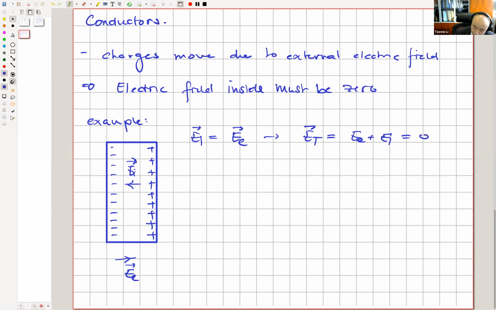Okay, and so of course we then know that if I take the divergence equals rho over epsilon naught, but in this case the total field equals 0, and so here we must have that rho equals 0 inside.